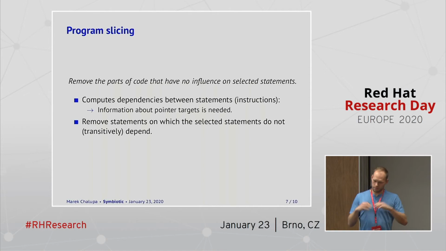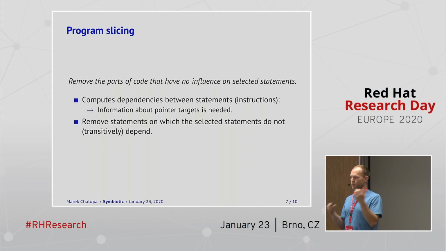Those are the details that I'm hiding from you here, but just to remark that all these things need to run in the background to resolve the targets of pointers. The other kind of dependency is control dependency, which arises when one statement controls the execution of another.